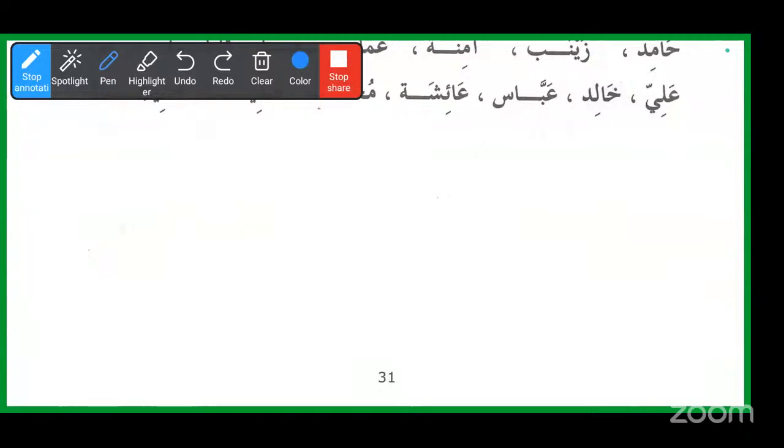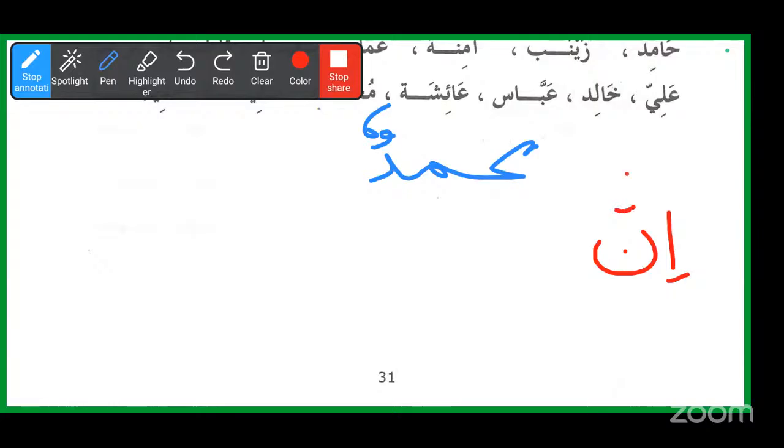So when we say the kalima, we say La ilaha illallah, Muhammadur Rasulullah. But not Muhammadan. When we have the word inna or anna before it, then we say inna Muhammadan.